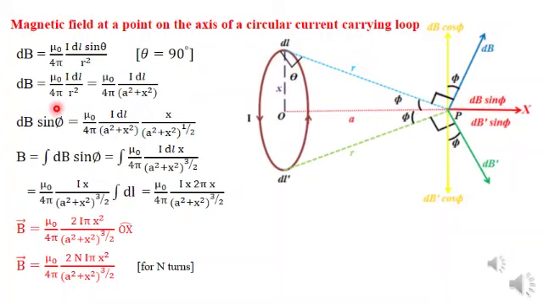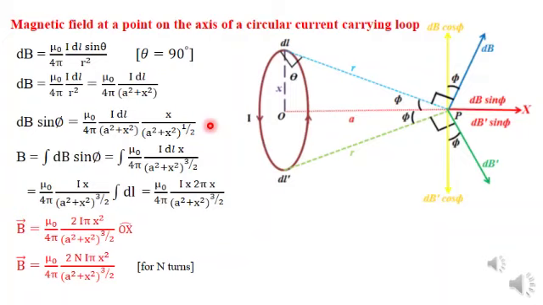After substituting the expressions of dB from above and sin phi from this triangle, that is sin phi equals x divided by root of a square plus x square, dB sin phi equals mu 0 by 4 pi I dl by a square plus x square into x divided by root of a square plus x square.